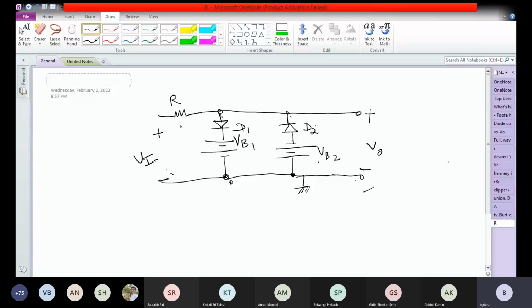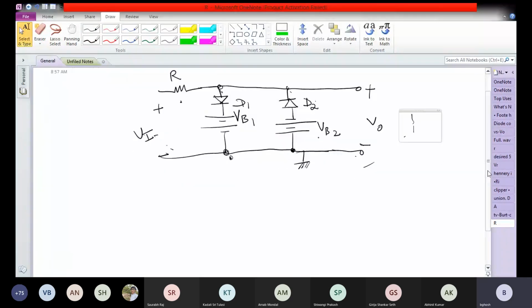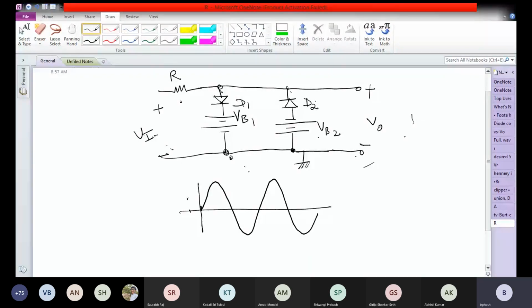So what is going to happen? Let me draw the voltage waveform. So the voltage at this point, first of all, mark the transition voltages.